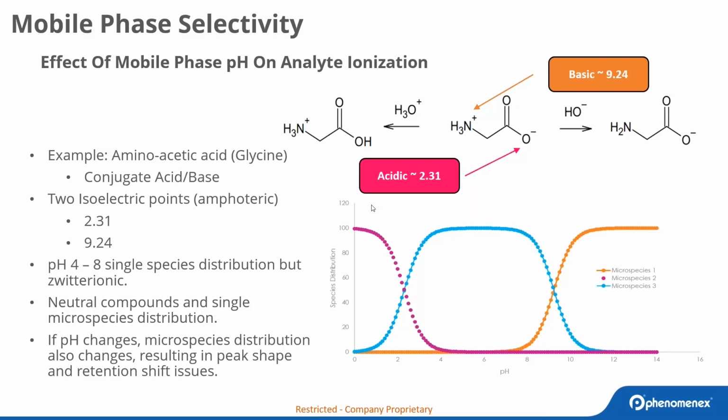So you're not able to have it neutral. But here, your acid will be neutralized, but you will have an ionized form of your base. And then here you'll have both charges present. And then at the higher pH, you'll have your base be neutralized, but then your acid is now ionized as well.